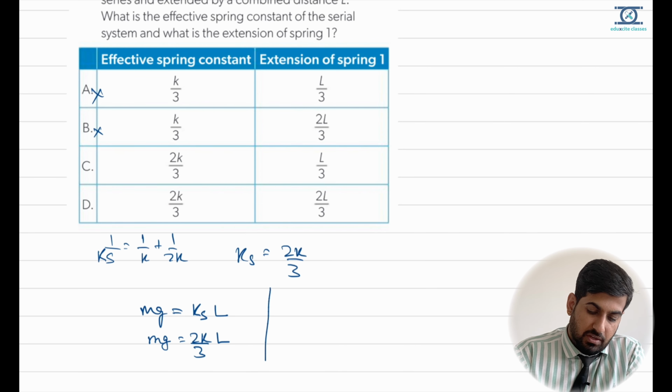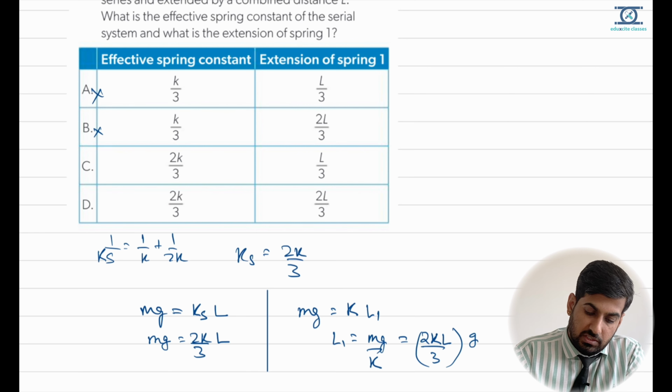Now for spring 1 we will also have mg equals k into L1. So L1 will be equal to mg over k.